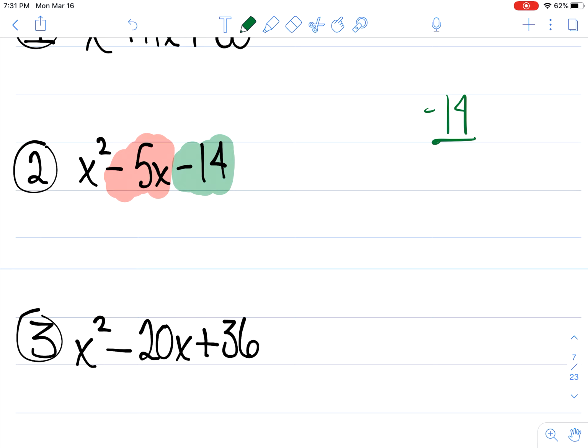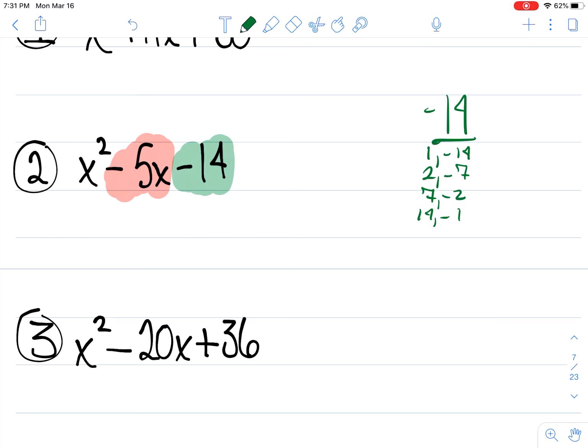So we have to play around with the negative signs to see which combination will give us the correct sum of negative 5. So we have 1 and negative 14, and then 2 and negative 7. And we can go ahead and list the others too: 7 and negative 2, and 14 and negative 1.